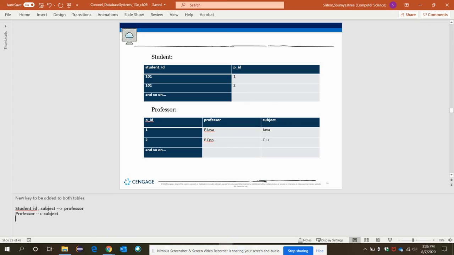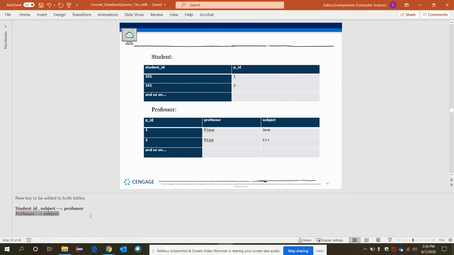Here is the resultant structure, and a new key has to be added to both tables. Why? Because the functional dependency professor to subject doesn't satisfy BCNF, as subject is a prime attribute, so professor can never be a non-prime attribute.